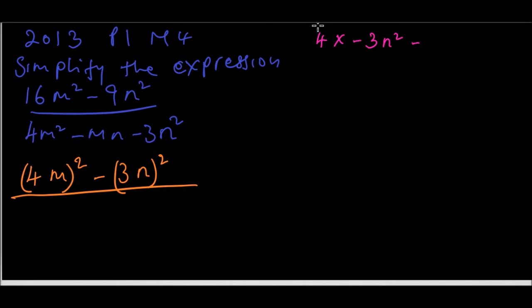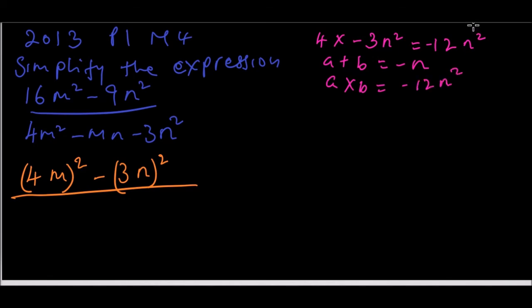So this will give us minus 12n squared. So you need to get 2 numbers, a plus b should give you what we have here, that is minus n. And a multiplied by b should give you minus 12n squared.